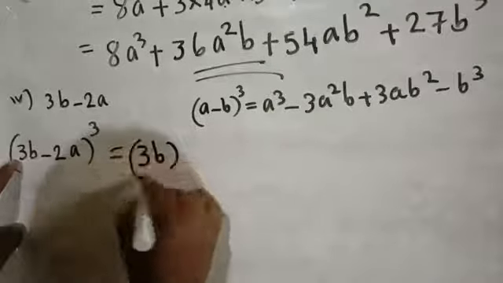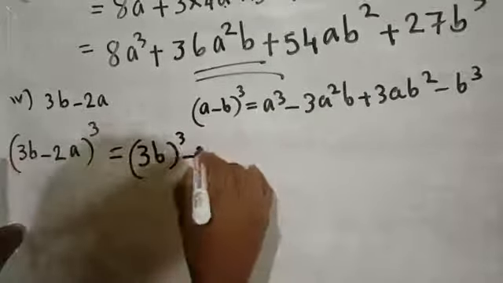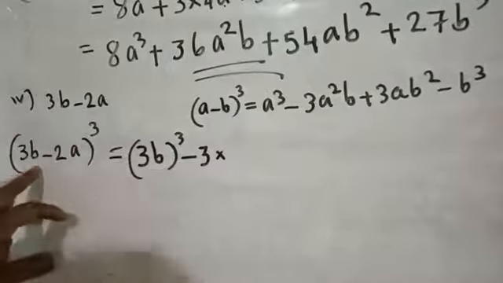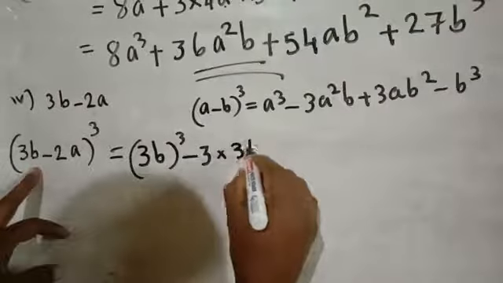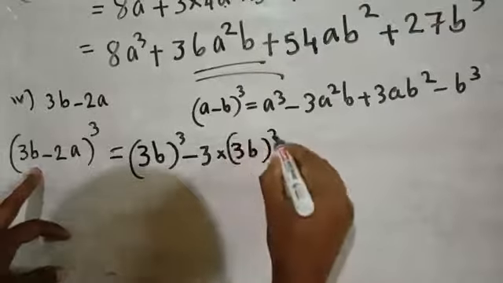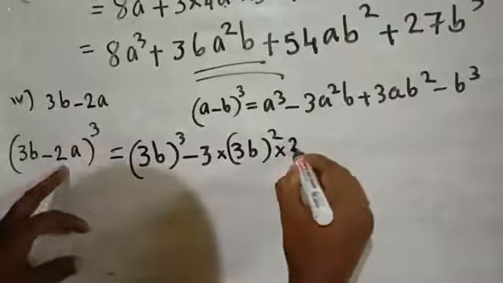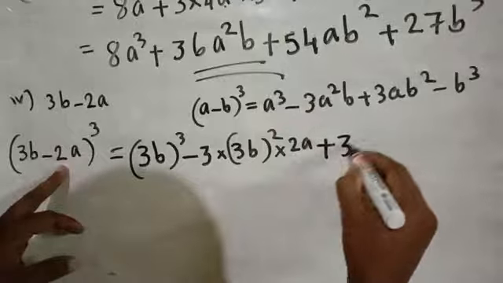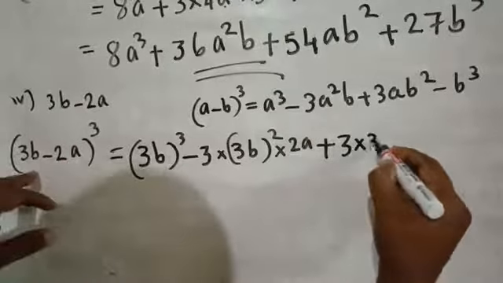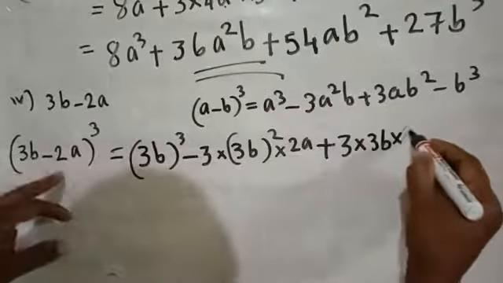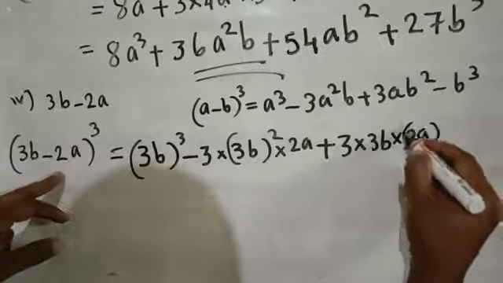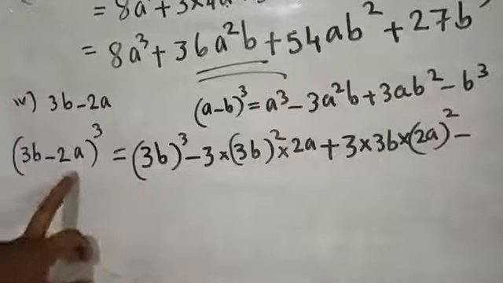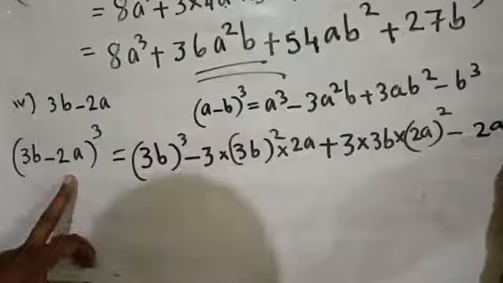So 3b the whole cube minus 3a square. What is here? 3b. So 3b square into what is b? 2a, plus 3ab square. 3 into what is a? 3b. What is b? 2a square. B square, you know. Now b cube. In the place of b, here 2a, you know. So 2a the whole cube.